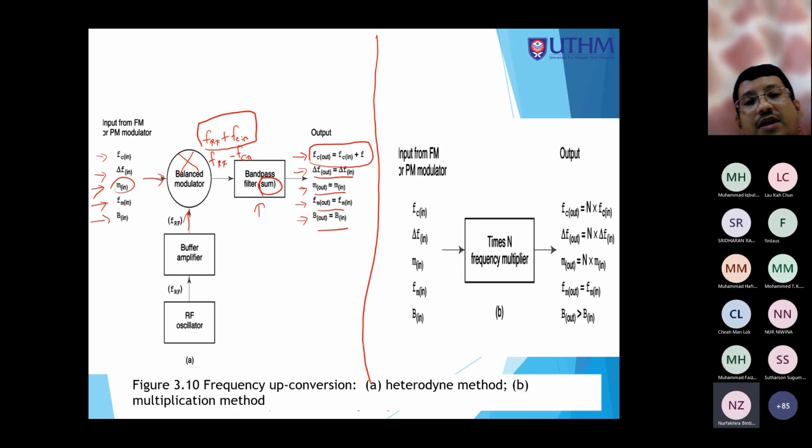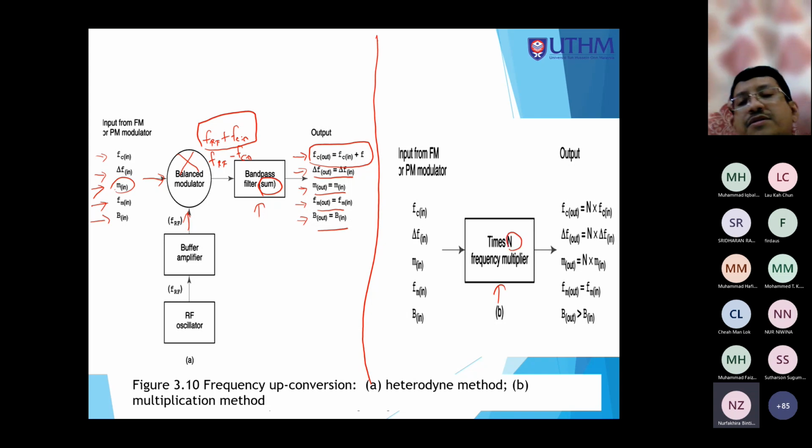Okay, and let's see the other method, which is the multiplication method on the right side. The picture on the right shows the multiplication process, where we have what we call a frequency multiplier with a factor of n.